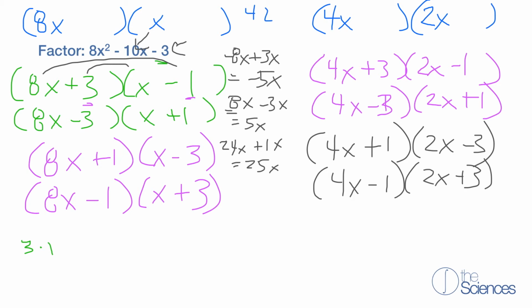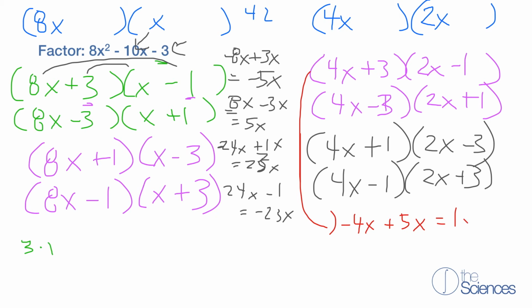So here we have negative 24x plus 1 is 23x. So now here we have 24x minus 1 equals negative 23x. So now here we have negative 4x plus 5x equals 1x.